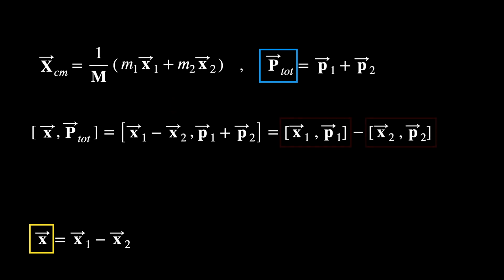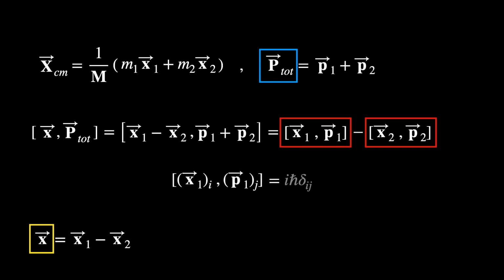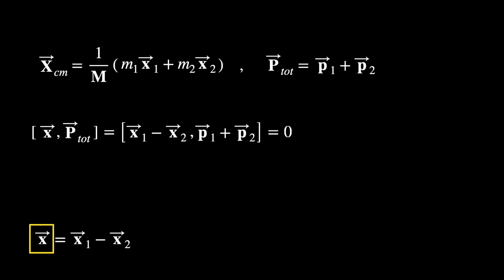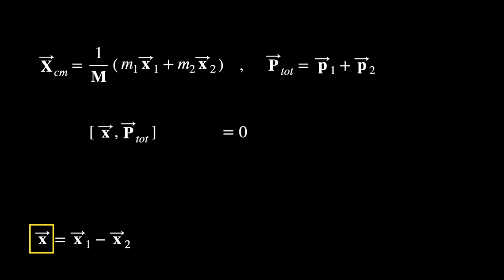The indices labeling the components of the 3D vectors in the red boxes are hidden to keep things simple, but they are to be understood in this way, using particle 1 as example. And the results just cancel. Thus, we have shown that the relative position does in fact commute with the total momentum.